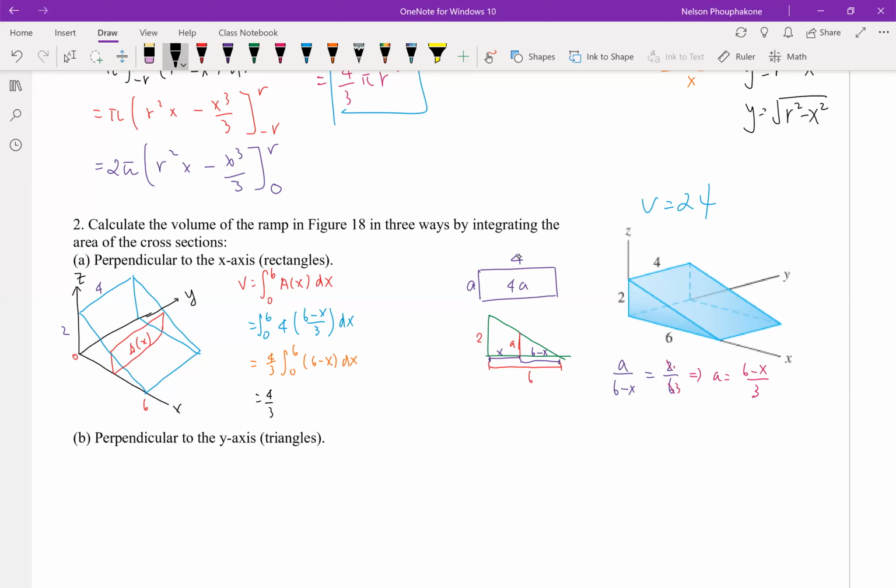Then now I will have 6x minus x squared over 2, integrate between 0 and 6. Then I will have 6 times 6 minus 6 squared over 2.